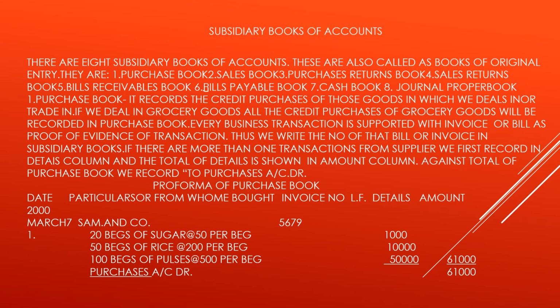If we have bought only one good, then straightaway we can show in the amount column. It is our choice whether we show in details column as well as in amount column or straightaway in amount column.